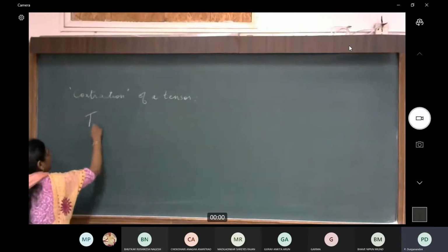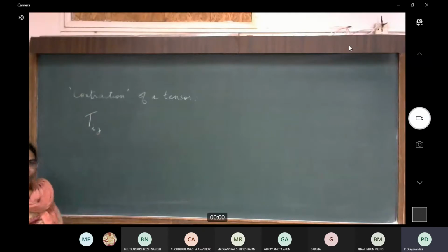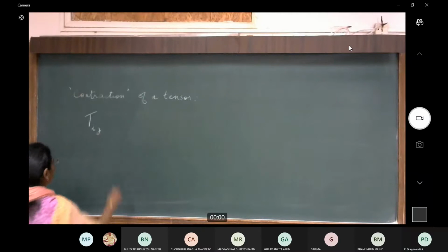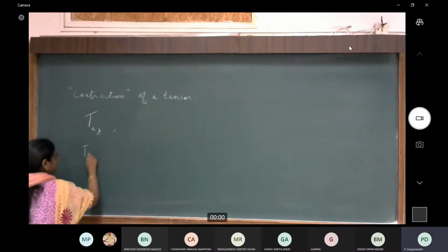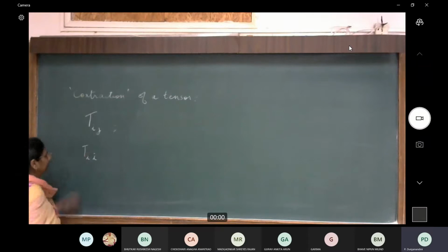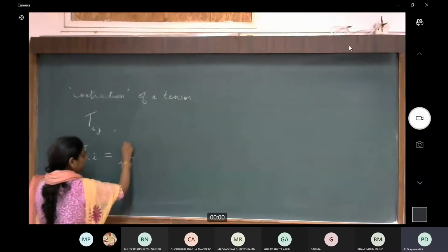If I have a second rank tensor, Tij, varied by two subscripts i and j, where i takes values from 1 to 3 and j also takes values 1 to 3, and I now consider this object, Tii, then what I've done is equalize these two subscripts, so i and j have become the same. Because of our summation convention, this means I'm summing over the subscript i, so this represents the sum over i equal to 1, 2, 3 of Tii.